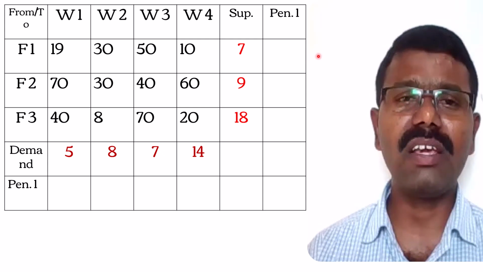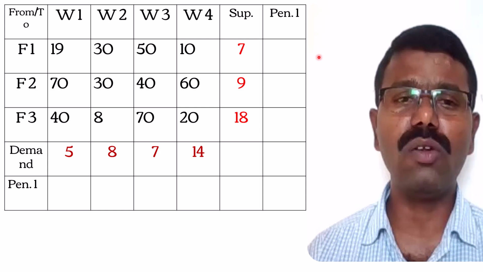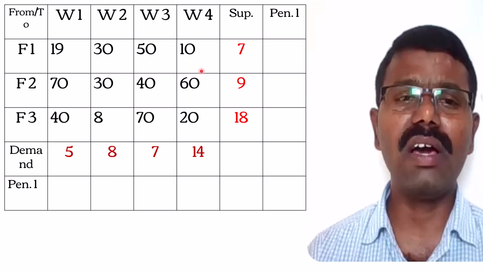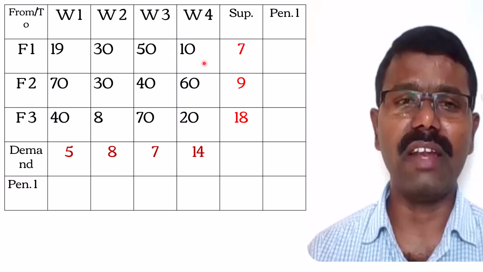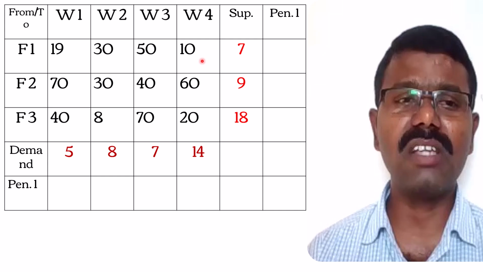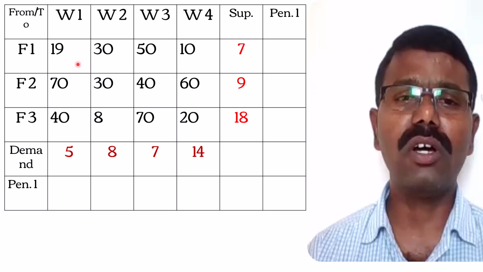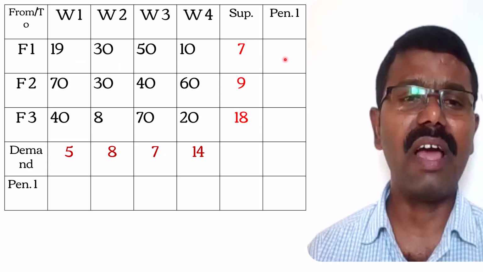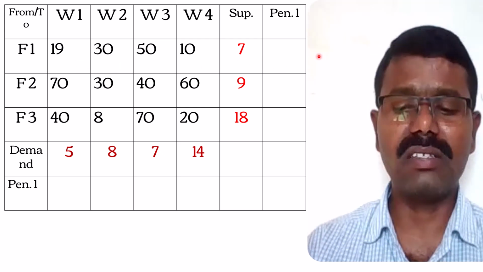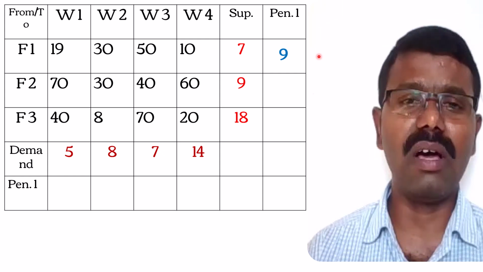The penalty is nothing but the difference between the least costs. So here the least cost is 10. The next least cost is 19. The difference between these two least costs is the penalty. So the penalty here is 19 minus 10, that is 9.